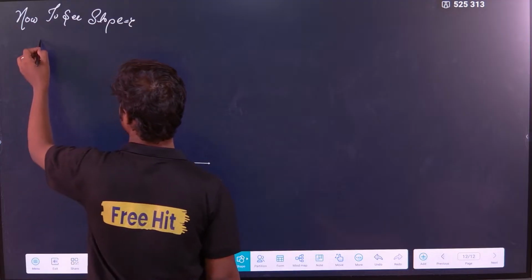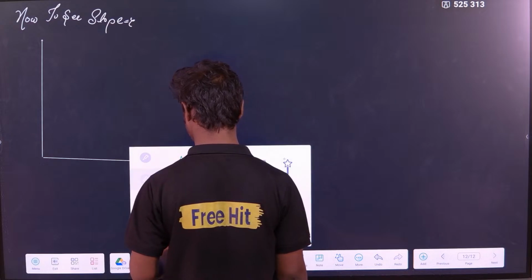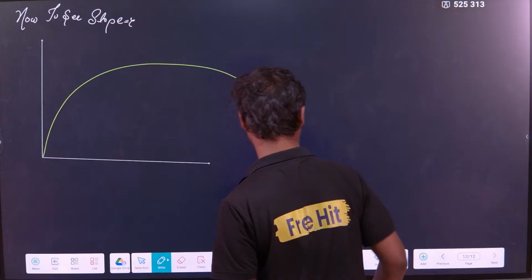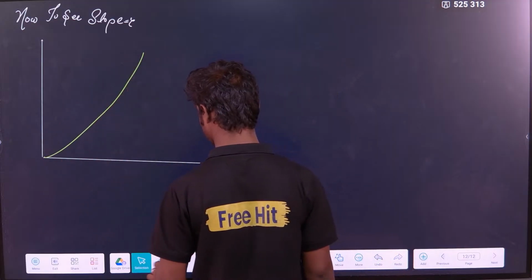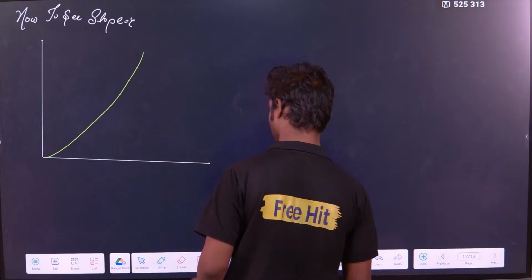Suppose this is my x-axis, this is my y-axis, and suppose I have some curve, something like this. How to see slope? Basically, what is the approach to see the slope?